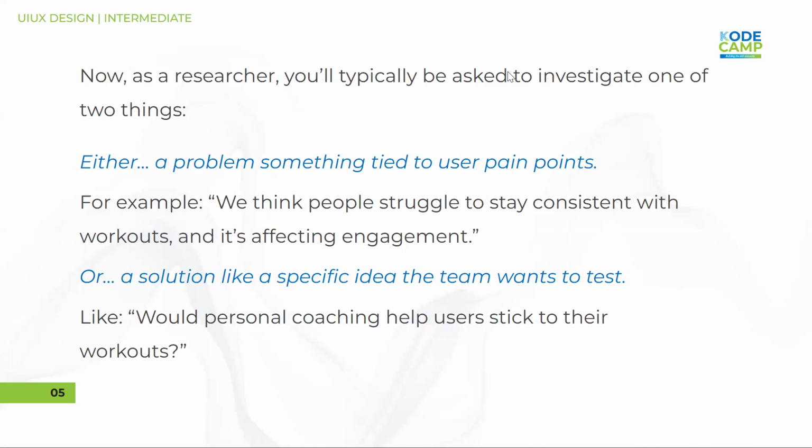For example, we think people struggle to stay consistent with workouts and it's affecting engagement. So that is a problem. And a solution for this problem could be, let's integrate personal coaching, and this is going to help users stick to their workouts.